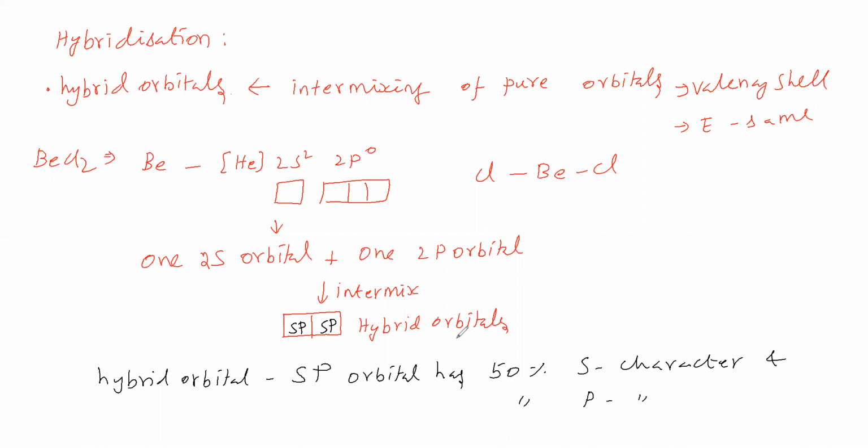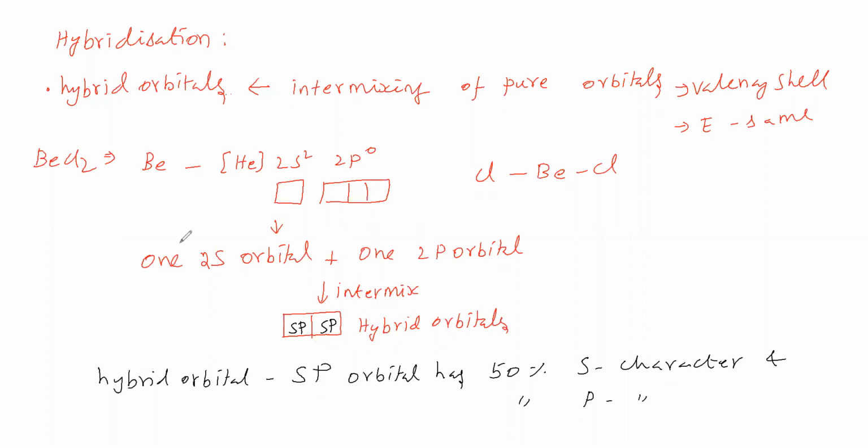Each of the 2 hybrid orbitals we get is called an sp orbital, and each has 50% s character and 50% p character, because the s orbital and p orbital are intermixing.